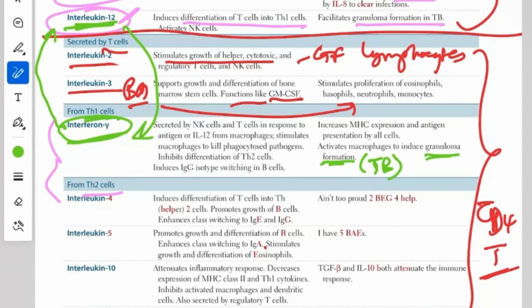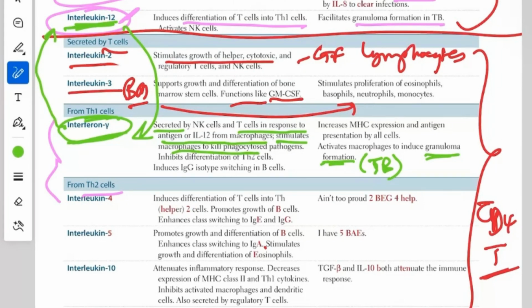Like I said here, it's secreted by the T cells in response to the interleukin 12 from the antigen presenting cell, and then stimulates the macrophage to go and kill the phagocytized pathogen. So once the CD4 positive T cell becomes this TH1, it doesn't produce the others.